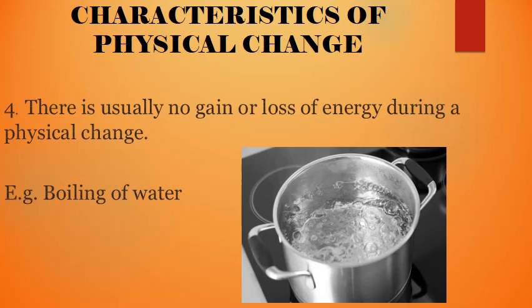Now if we condense this water vapor, it will change back to liquid water by releasing heat energy. So net in this whole process, there has been no gain or loss of energy. The amount of energy which was absorbed by water to change it into water vapor has been released when water vapor changed back to liquid water.